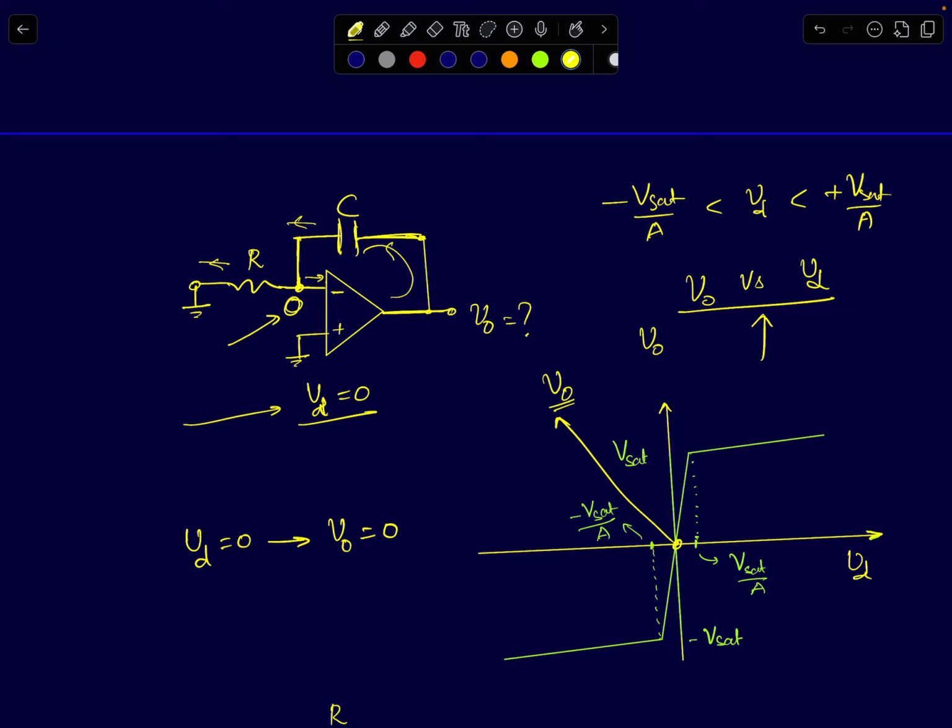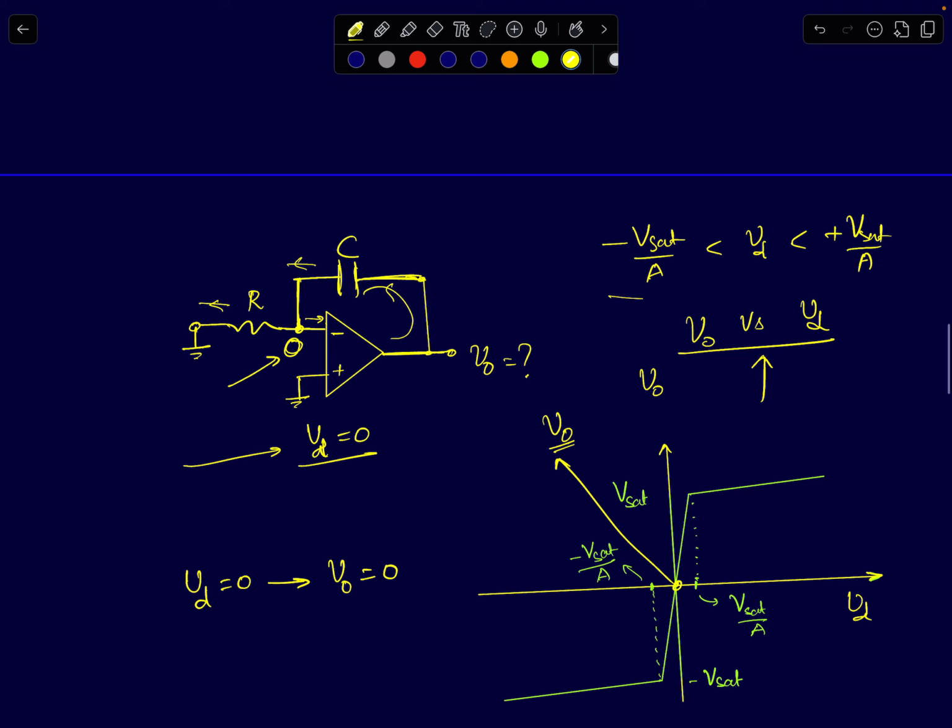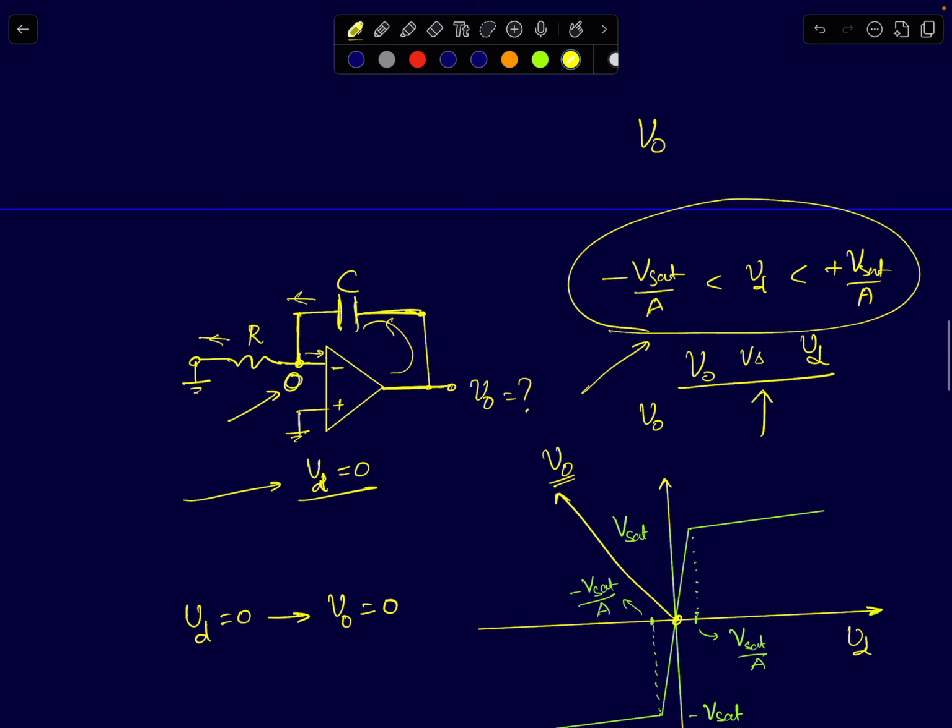So keep in mind, when your differential input is in this region, minus Vsat by A to plus Vsat by A, the output voltage is simply given by A times Vd. There is a unique one-to-one relationship between the differential input voltage and the output voltage.